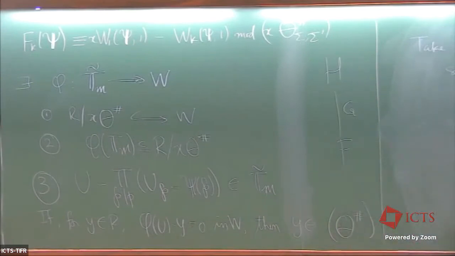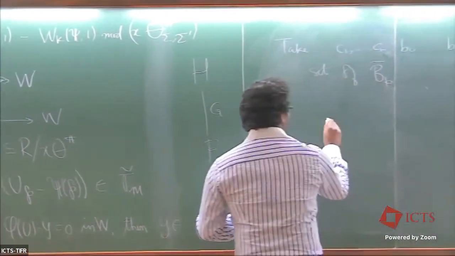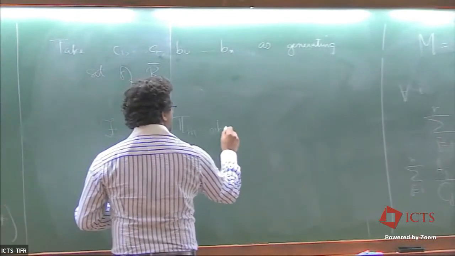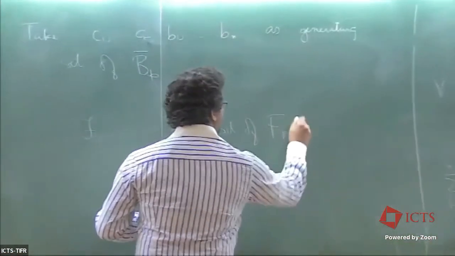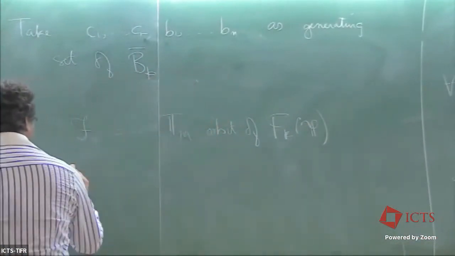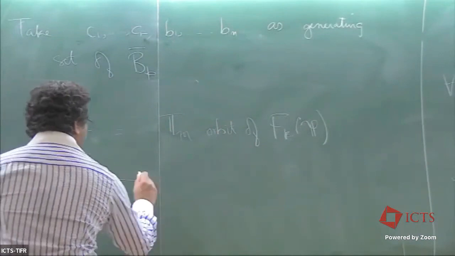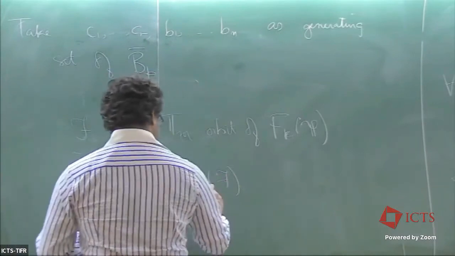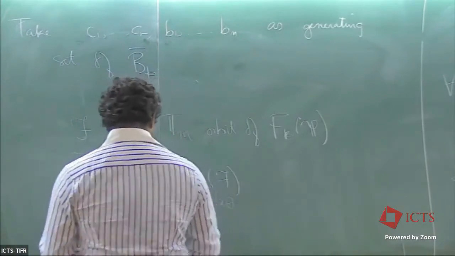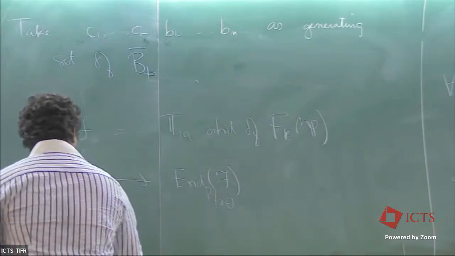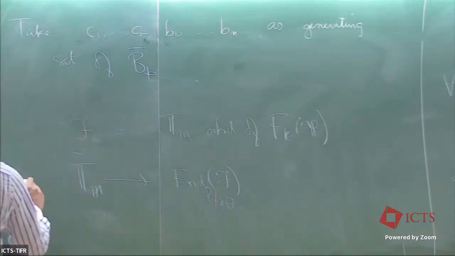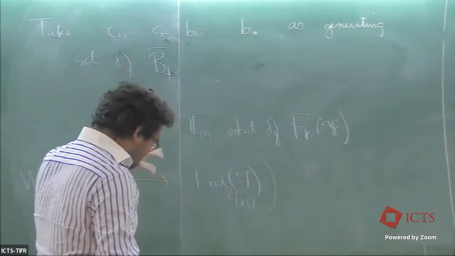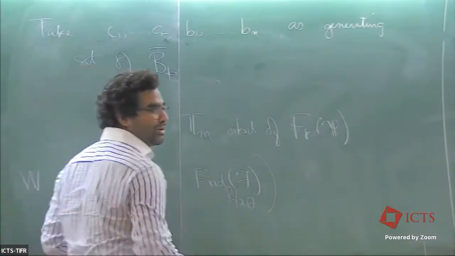So you take this thing to be the T_m orbit of phi_k psi, and then there is a map from T_m tilde to the endomorphisms of F. This is over R mod X theta, and W was the image of this. I can write down more steps in between the two if you want. All right, thank you.